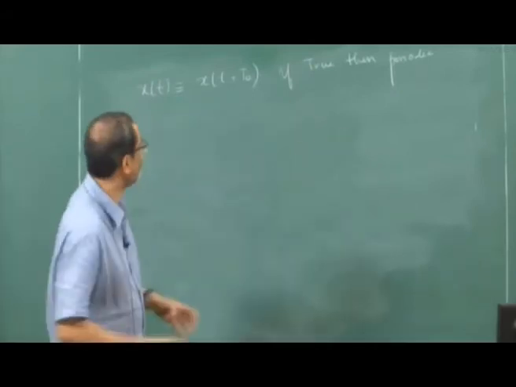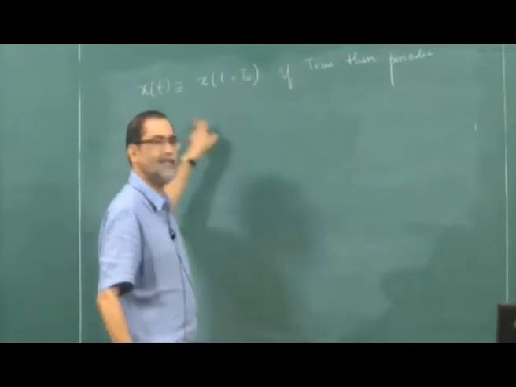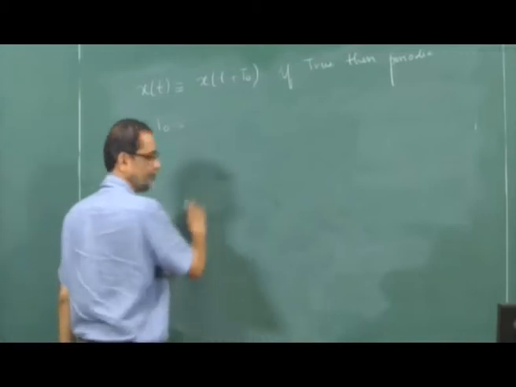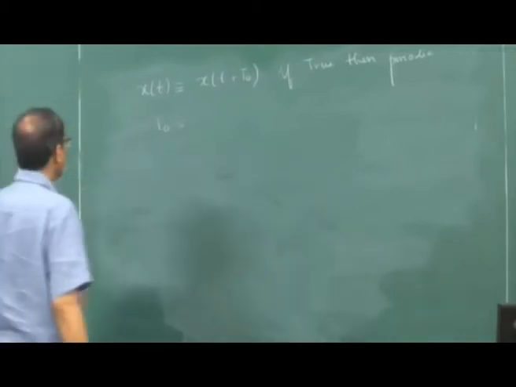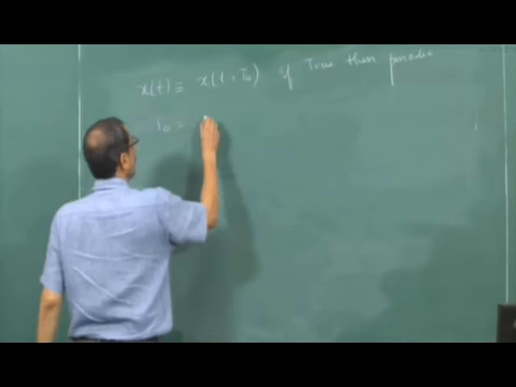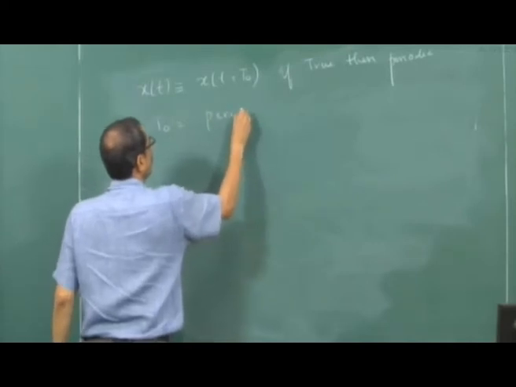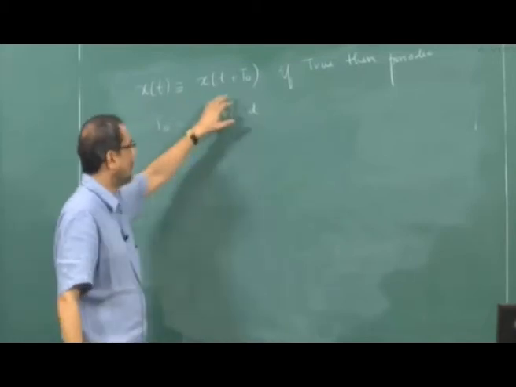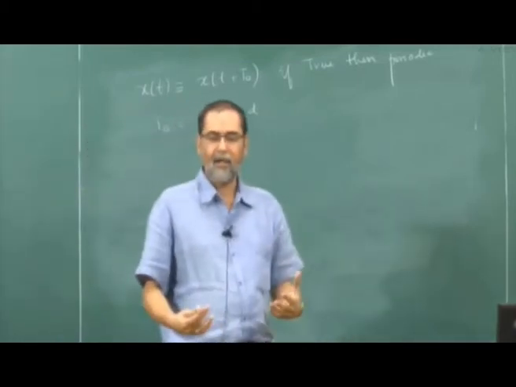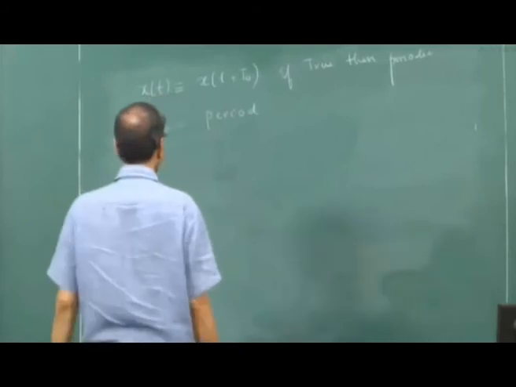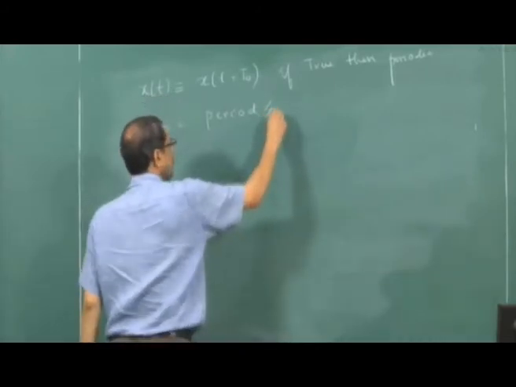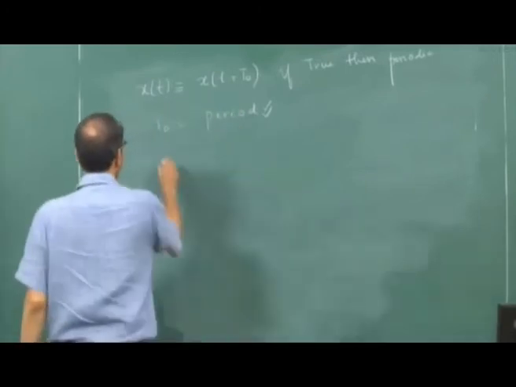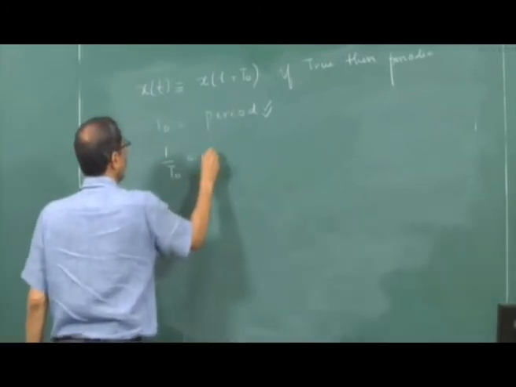The smallest value of T naught where this holds good is called the period. So the function is periodic and the smallest value of T naught is the period.